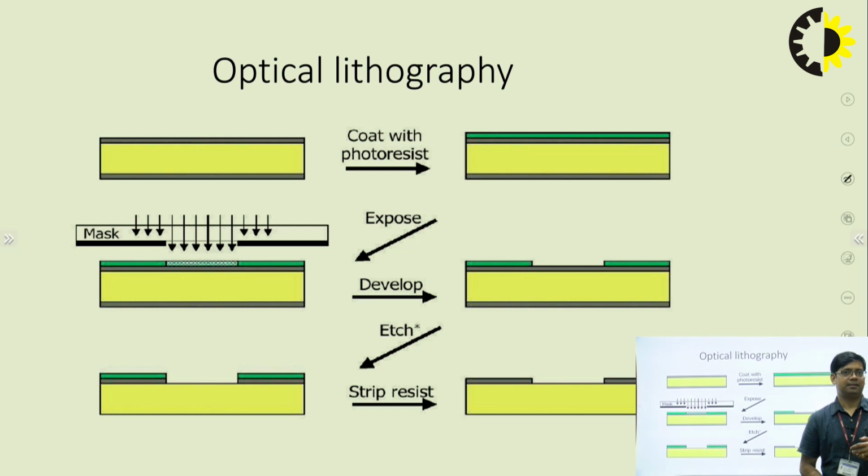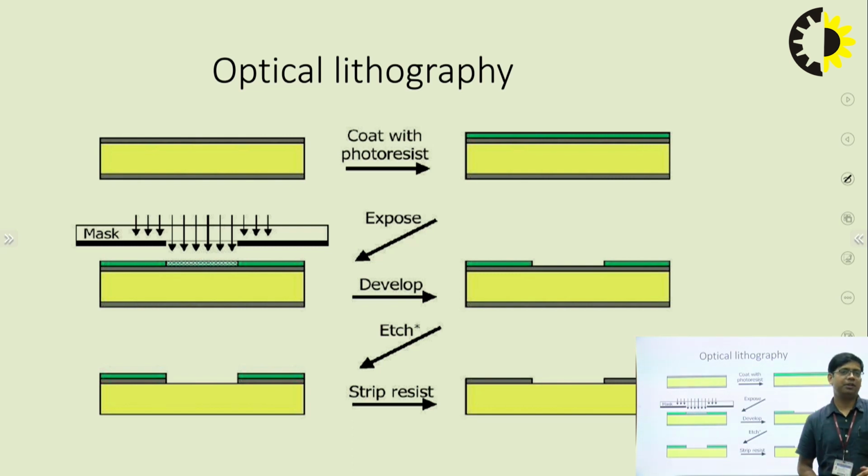Then that wafer is exposed to radiation with the help of a mask and an ultraviolet radiation exposure system. If we are talking about positive photoresist, the exposed areas get soft, and those soft areas are to be removed with the help of a developer solution. This step is known as the developing step.